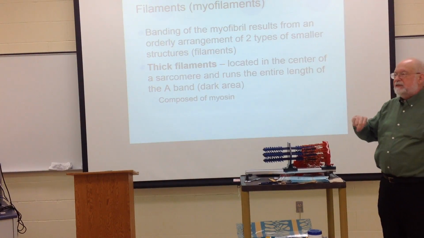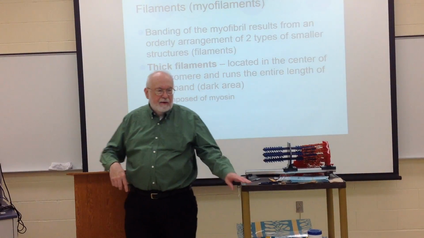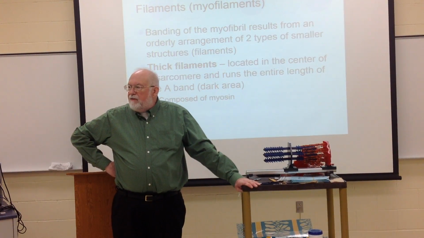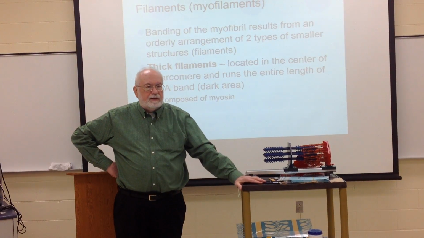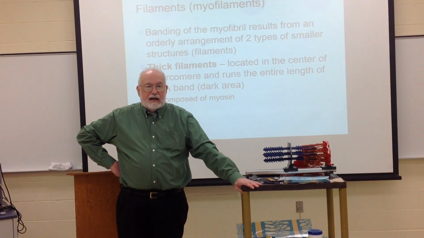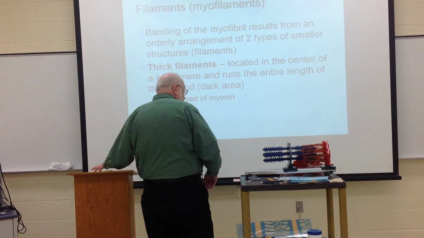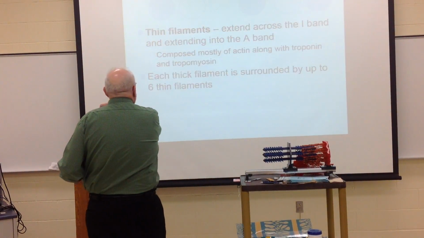It looks something like a weird golf club with two heads on instead of one, and we'll see a picture in the diagram in a bit. There's a whole bunch of these bundled together, and that forms the thick filament. The thick filament is right in the center of the A band, the dark staining A band. So it's made of myosin.